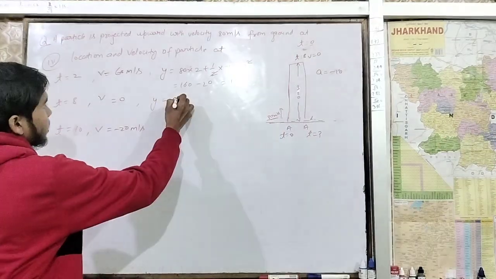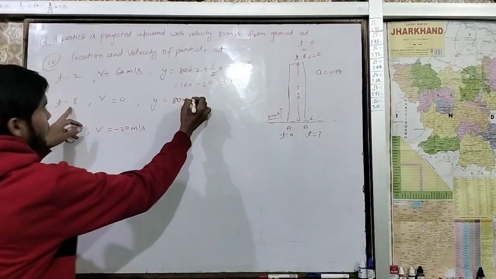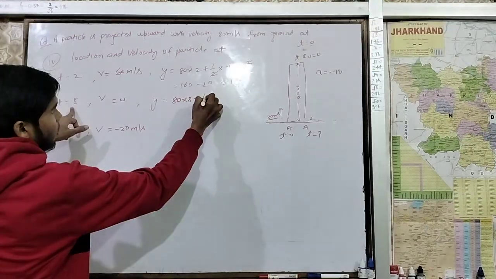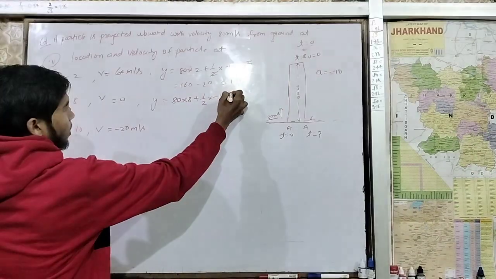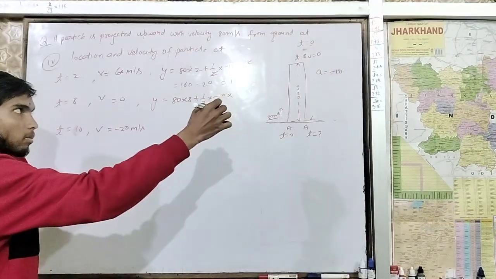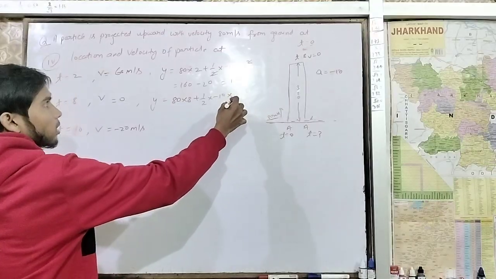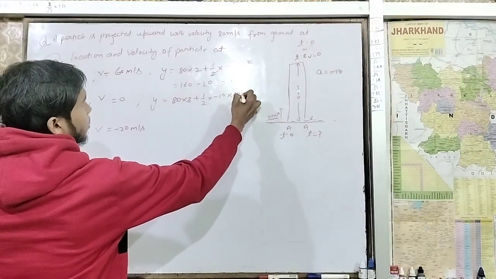Next we have 80 multiplied by time 8, plus 1 by 2 multiplied by acceleration minus 10, multiplied by t squared, 8 raised to power 2.